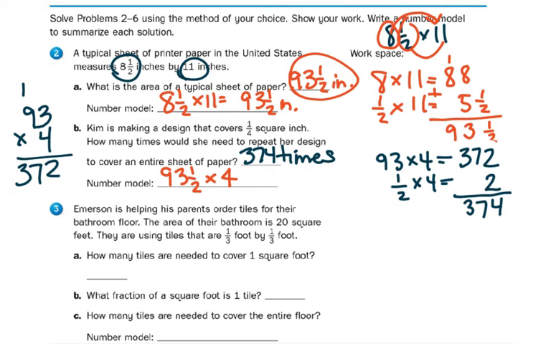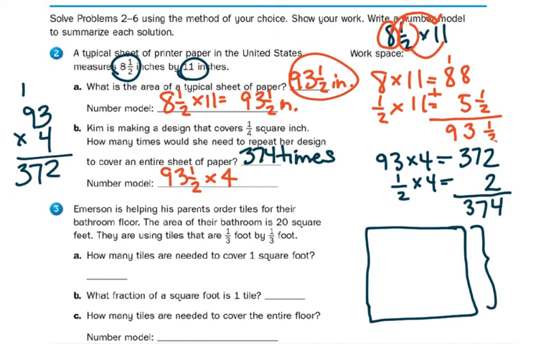So what I'm going to do is draw a picture. And this represents 1 foot in all. So he would have to put 3 going this way because 1/3 and 1/3 and 1/3 equals 1 whole.